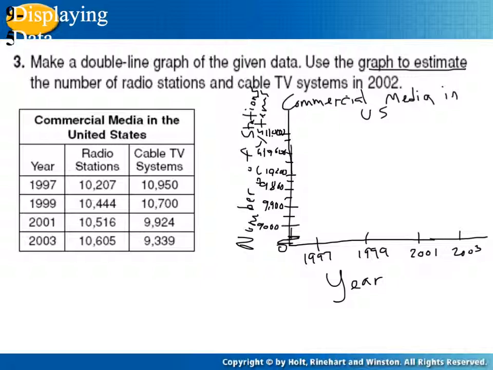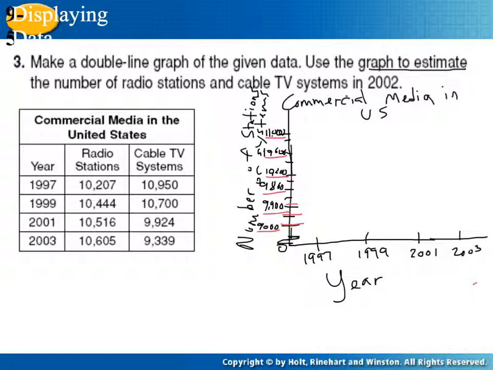Now, I'm not using exact numbers, but I went from 9,000. It's kind of tough to see. Sorry about that. 9,000, 9,400, then 9,800, 10,200, 10,600, and 11,000. I went all the way up to 11,000. Each one of those little tick marks right here stands for 200. Okay, so on and so forth.